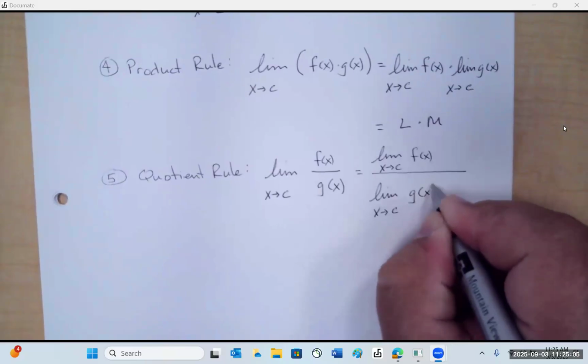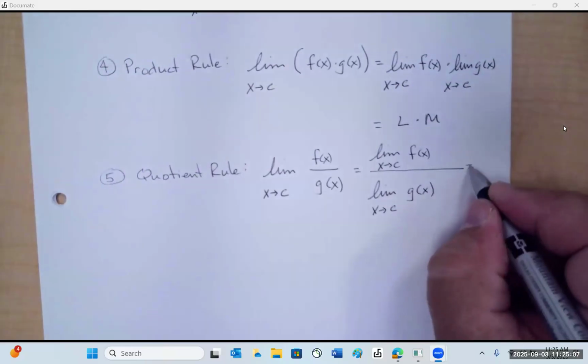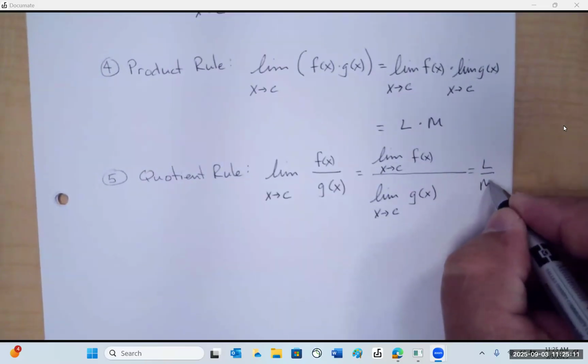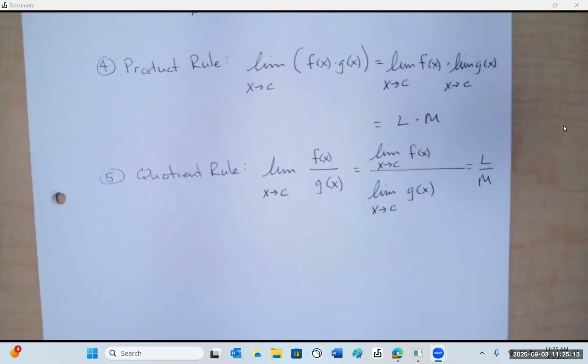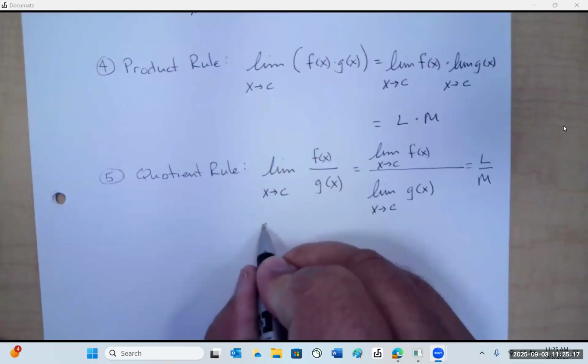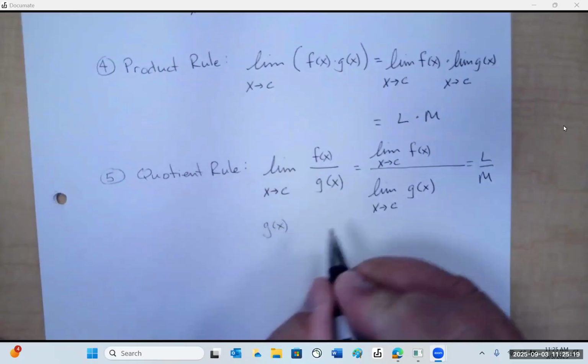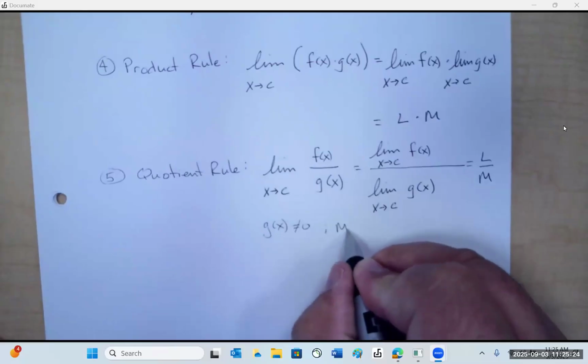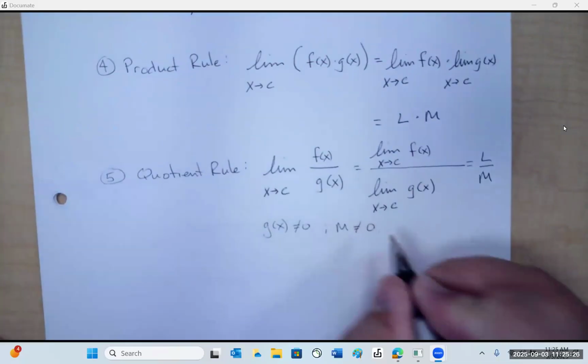Limit of f of x over limit of g of x is equal to L over M, as long as g of x does not equal 0 and M does not equal 0.